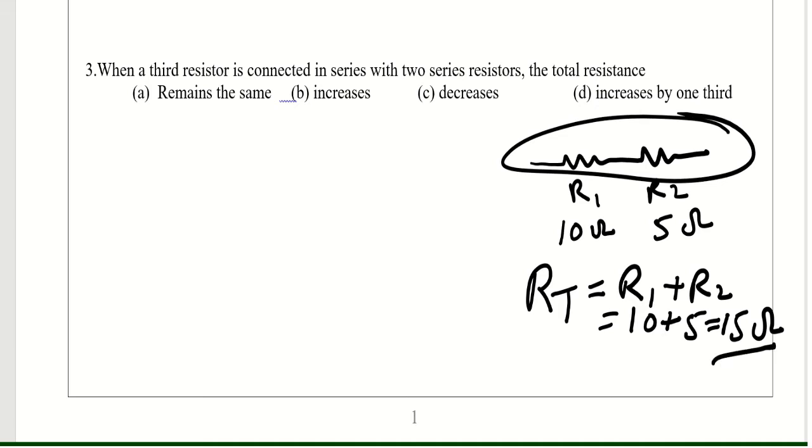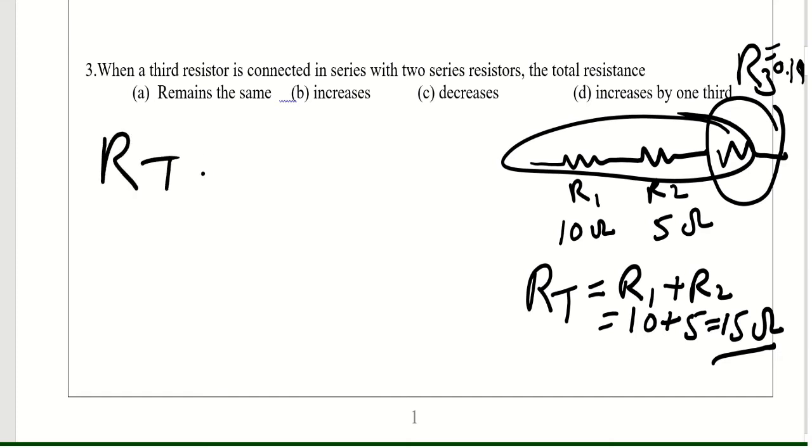Now the question is saying, if I add one more resistor, let us suppose a minimum value, say 0.1 ohm, a very small value, will the total resistance increase or decrease, or what will happen?